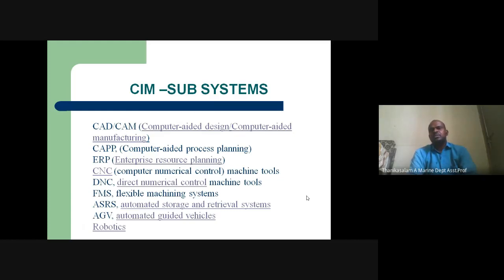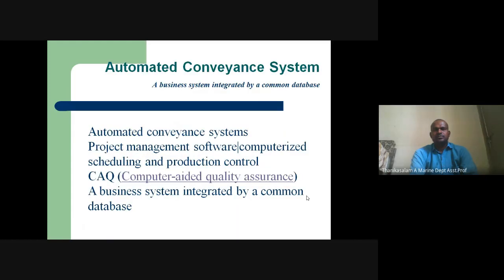If any industry is implementing SIM, these are the subsystems they should have: computer aided design, computer aided manufacturing, computer aided process planning, enterprise resource planning, computer numerical control, that is CNC machine tools, flexible manufacturing system, automated storage and retrieval systems, automated guided vehicles, robotics, automated conveyance systems, project management software, computer scheduling, production control, computer aided quality assurance, and a business system integrated by a common database.